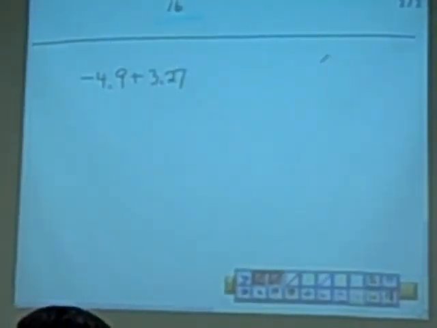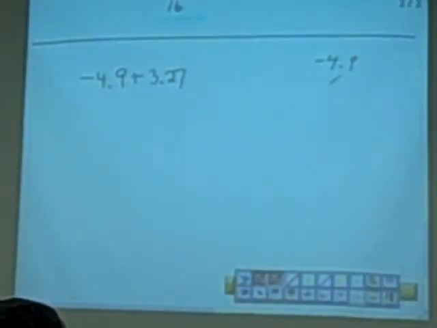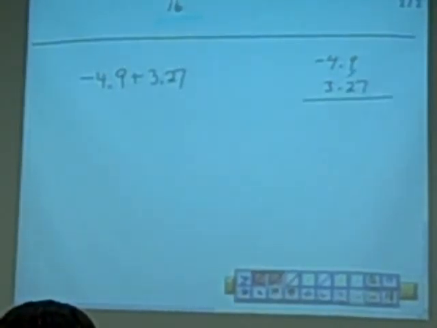Now you can go ahead and off to the side, you got negative 4.9 and a positive 3.27. We know we're going to subtract, right? Now normally you're used to seeing the minus sign down here.